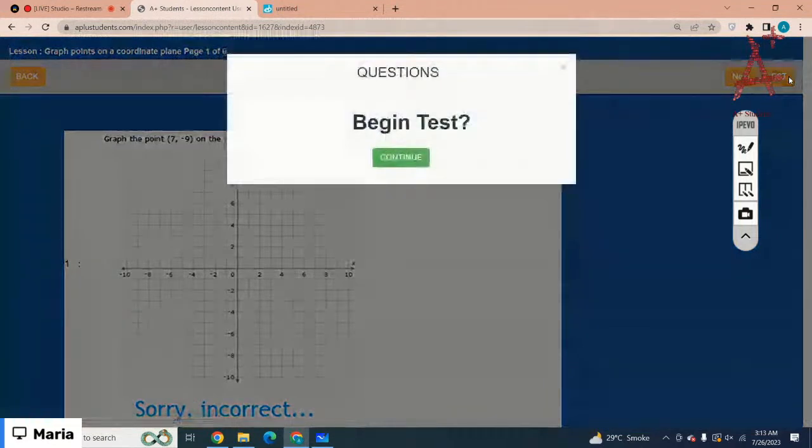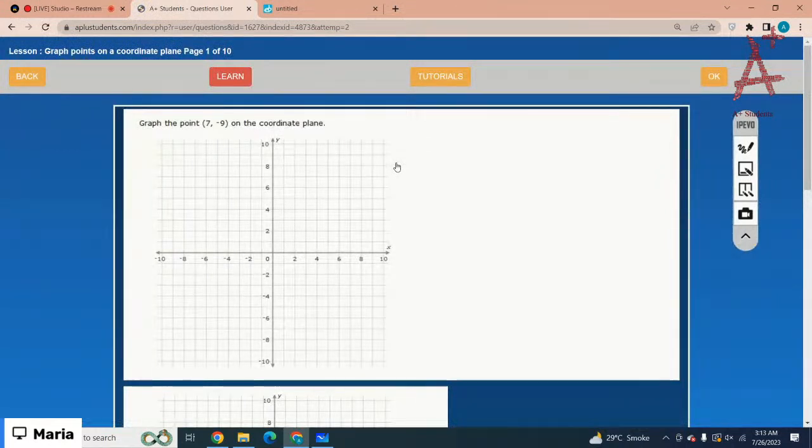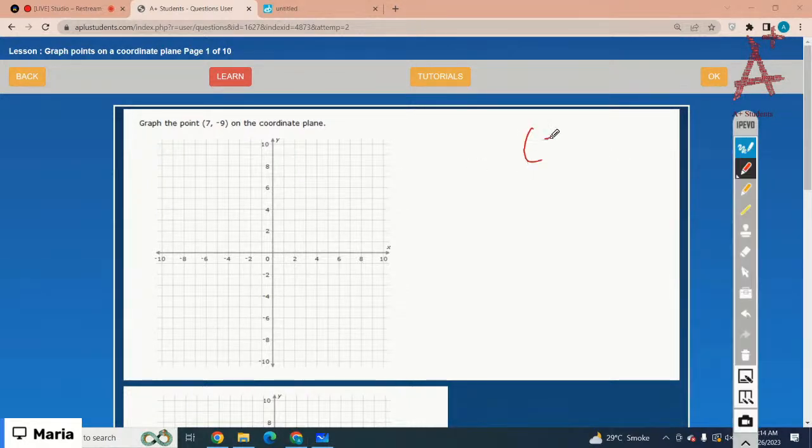Let's just start with the practice questions. Okay, the first one is graph the point 7 and -9 on the coordinate plane. So that means the x coordinate is 7 and y is -9, right?